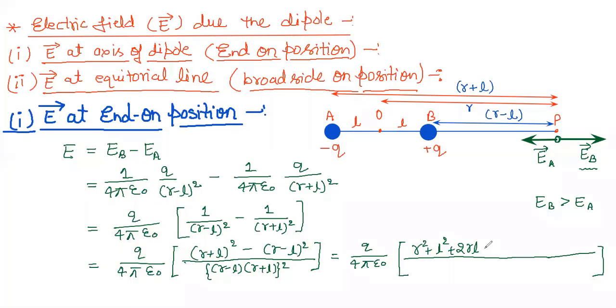It will be minus R square minus L square plus 2RL. This cancels out, and here will be R square minus L square, by the formula of A minus B, A plus B.